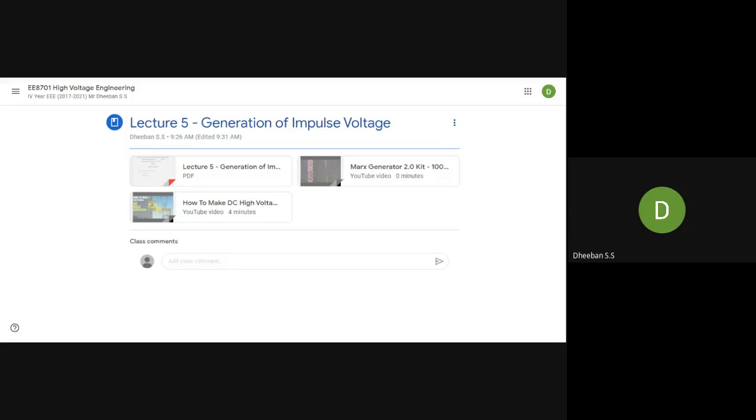In case of any emergency, or if anybody comes to threaten them, they will turn on the Marx circuit through the shoes and electrocute them. Okay. So they have made such a wonderful thing using the Marx circuit.